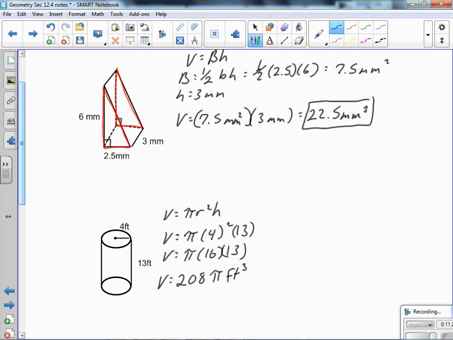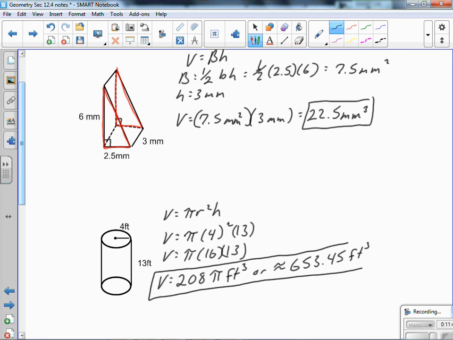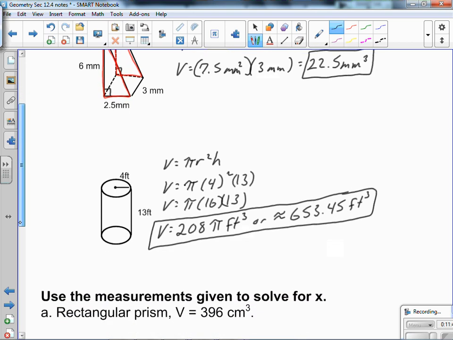If we go ahead and multiply by the pi, then our answer would be approximately 653.45 feet cubed. So either one of those answers in the homework may ask for it in terms of pi or as a decimal.